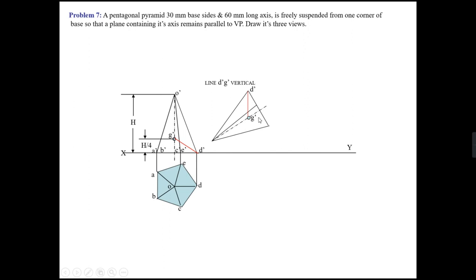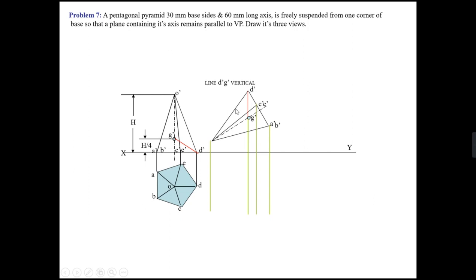After that, I will draw the vertical lines from the front view and horizontal lines from the top view. So if you see it from the top view, you will be able to see the base of the pentagonal pyramid and the edge OD, and the faces passing through this slant edge, ODC and ODE.